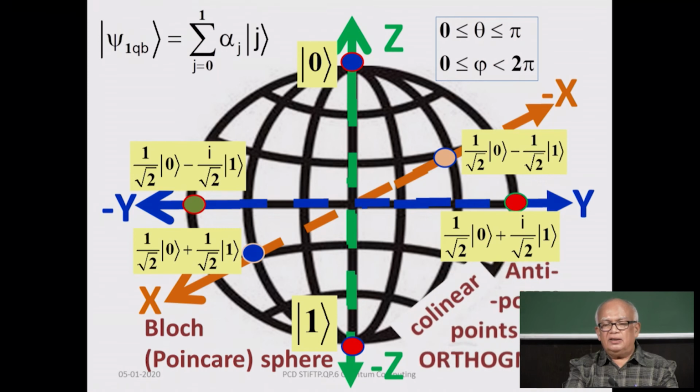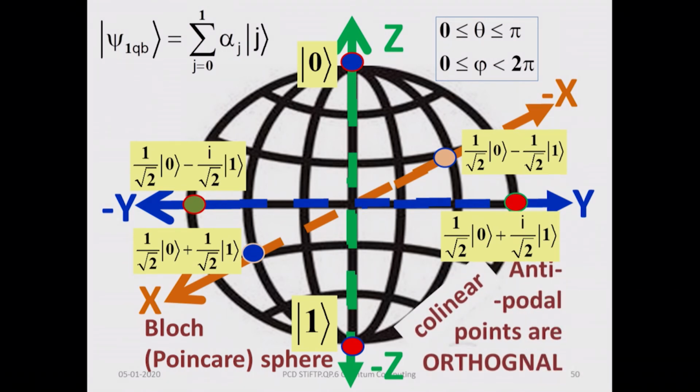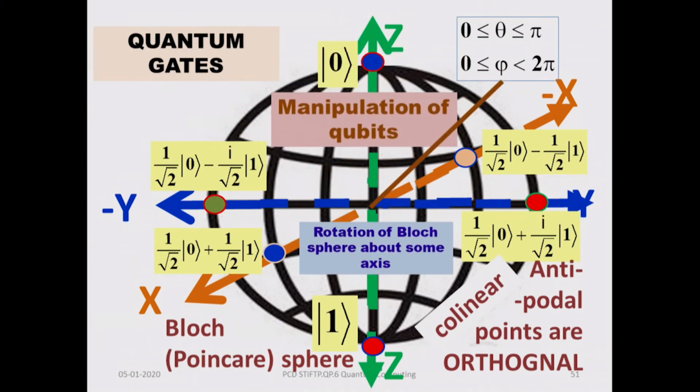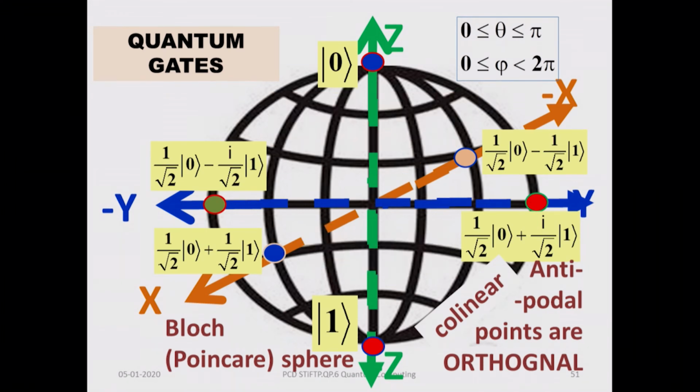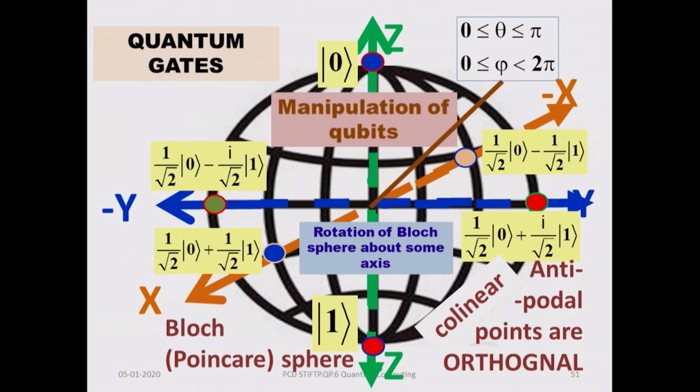And notice that collinear points which are antipodal, they are orthogonal to each other, remember that, and manipulation of a qubit involves rotation of the Bloch sphere about some axis.